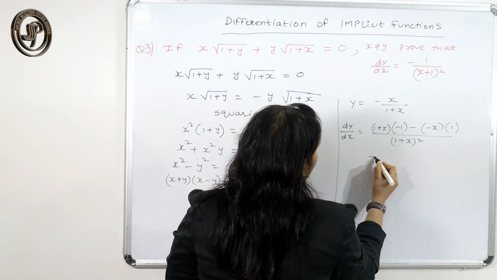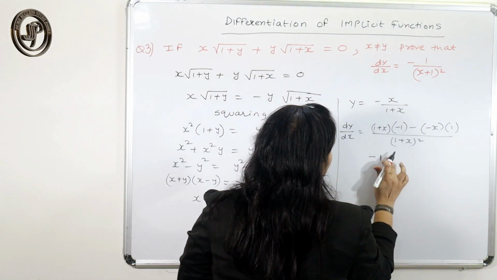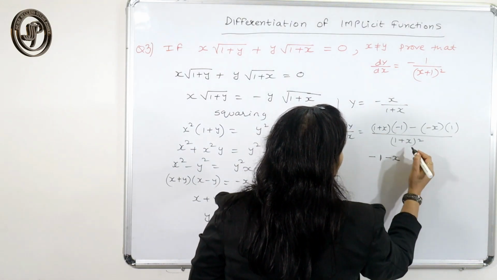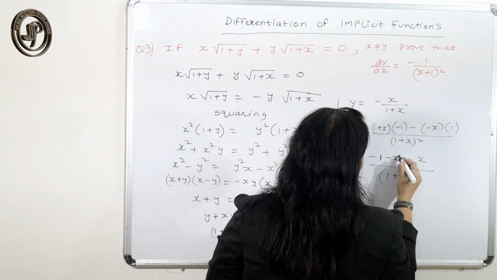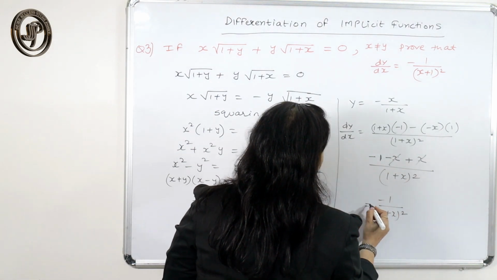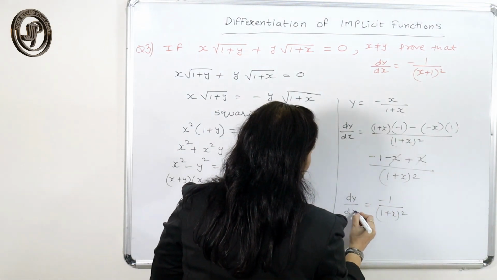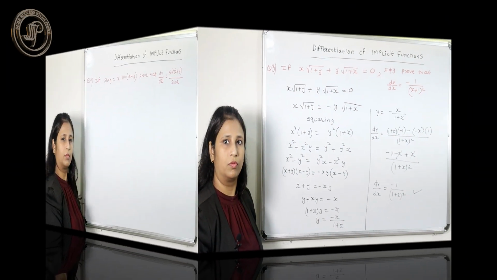So if I solve, I get minus (1 minus x square plus x) upon (1 plus x) whole square, minus 1 upon x square, that is what dy by dx I needed to prove.